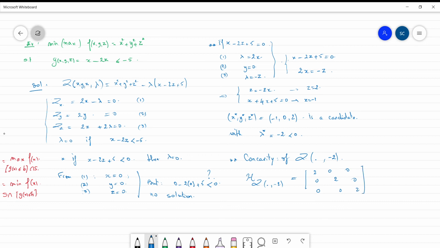It is strictly convex. The minors d1, d2, d3 are 2, 4, and 8, all positive. So L is strictly convex.